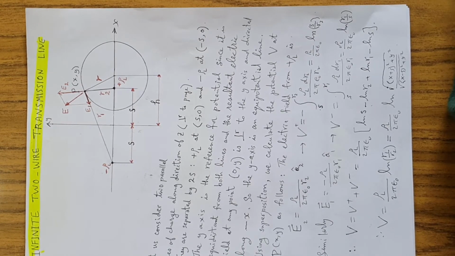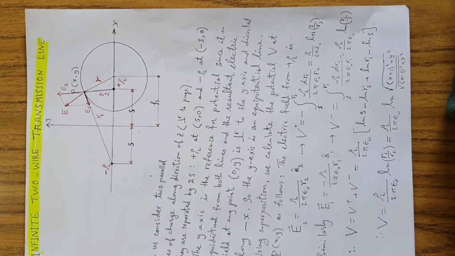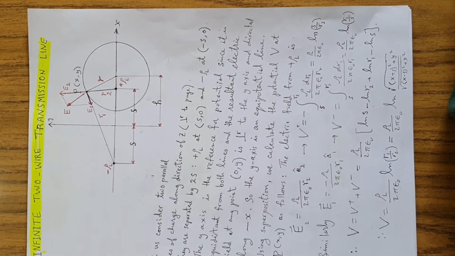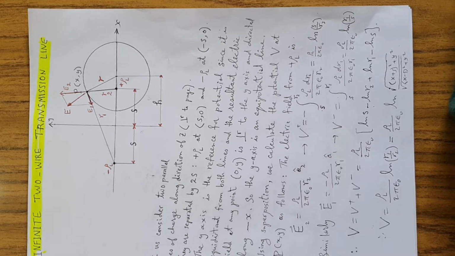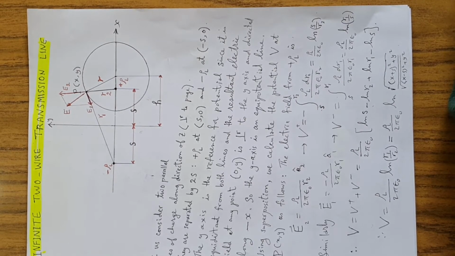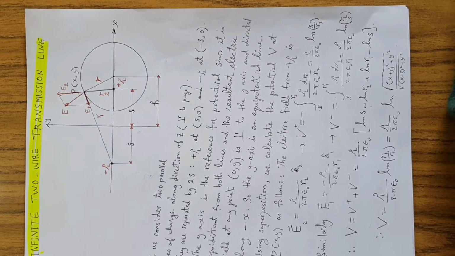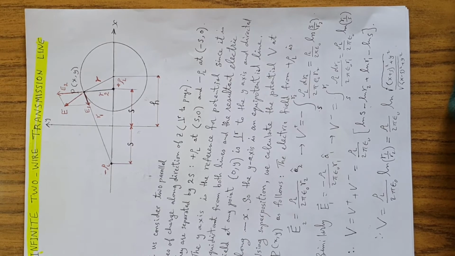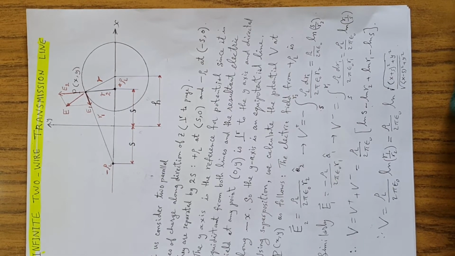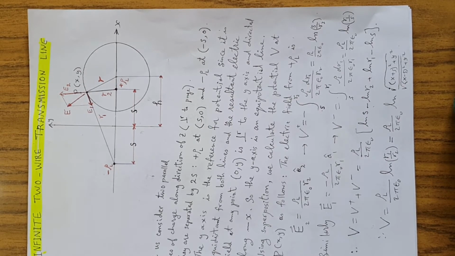They are separated by a distance 2s between them, plus rho L is at s, 0 in the xy plane, and minus rho L is at minus s, 0. The y-axis is the reference for potential since it is equidistant from both lines, and the resultant electric field at any point 0, y is perpendicular to the y-axis and directed along minus x.